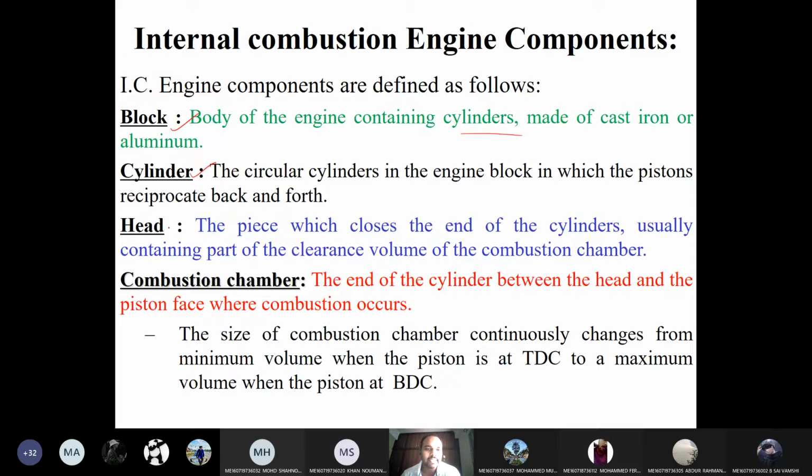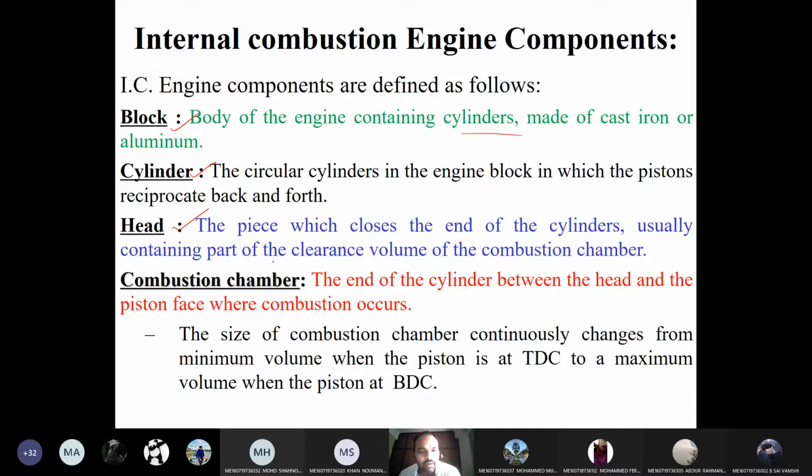The part which closes the cylinder is called the cylinder head. Usually the cylinder head consists of the valves as well as the provision for fixing the spark plug.